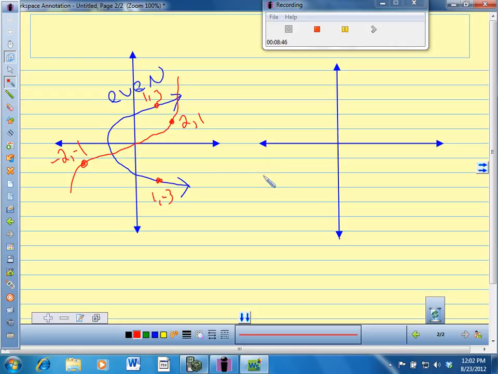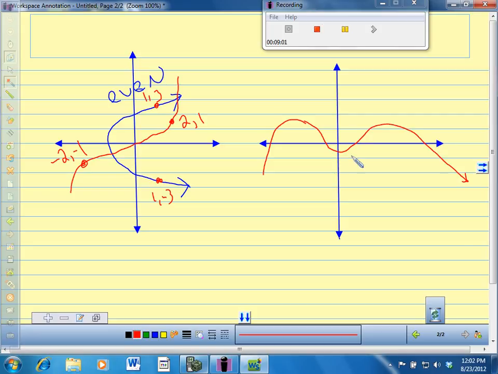But I have something like this, and say this is 3, and this is 4, and this, even though it doesn't look like it, is 1, and right here is 0, and this here is -2, and this is -3. And they say state the intervals on which this function is increasing, and state the intervals on which this function is decreasing.